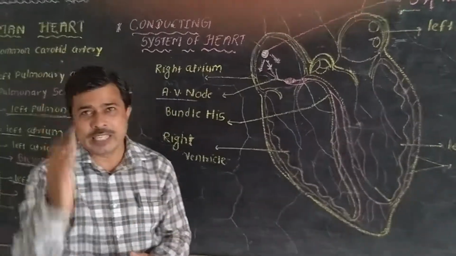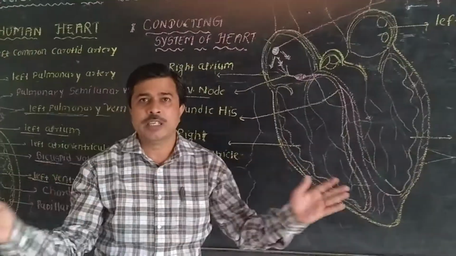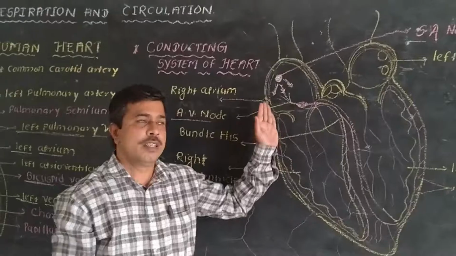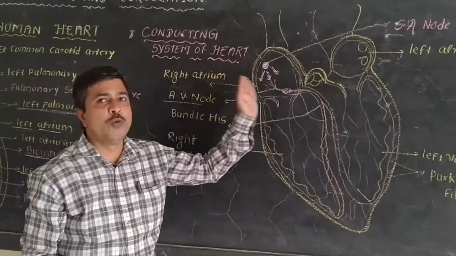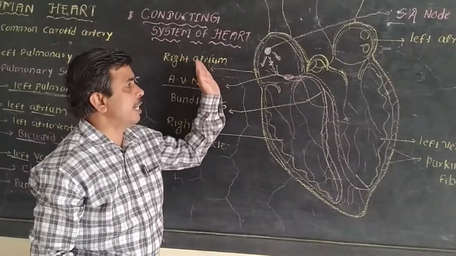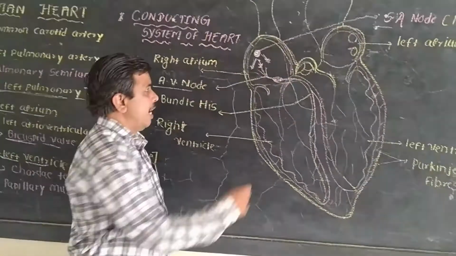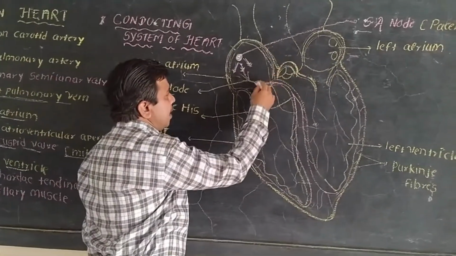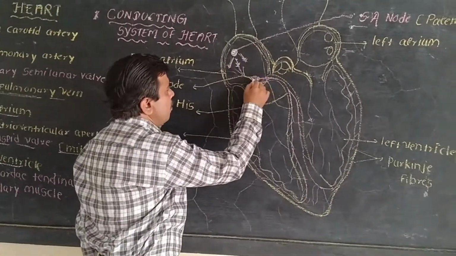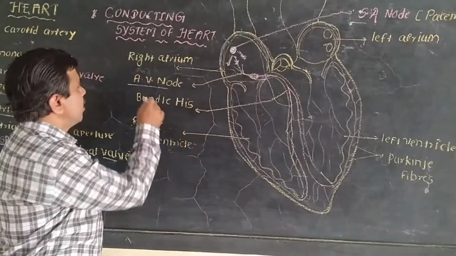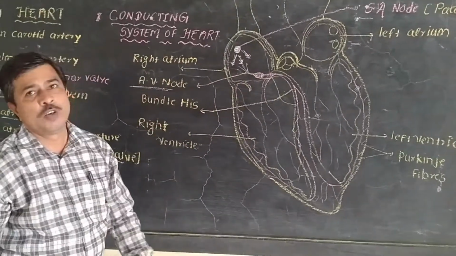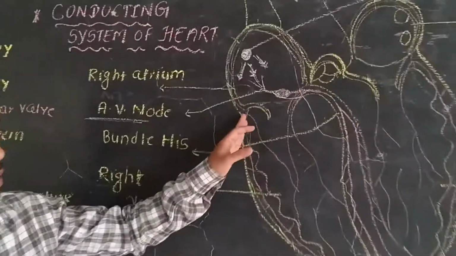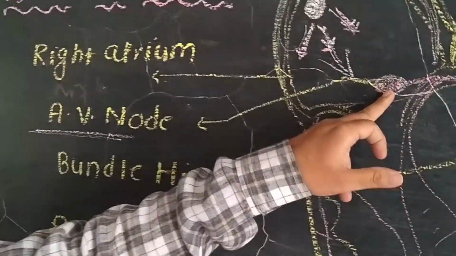The interauricular septum is the partition which divides the auricle into two parts, the right atrium and the left atrium. So at the base of this interatrial septum, these specialized tissues are present. This tissue is known as the atrioventricular node, or the AV node.